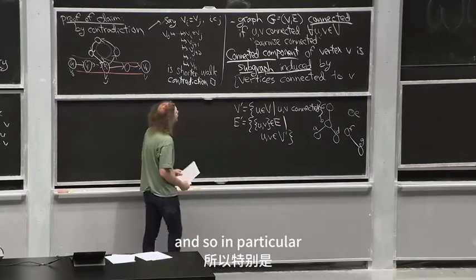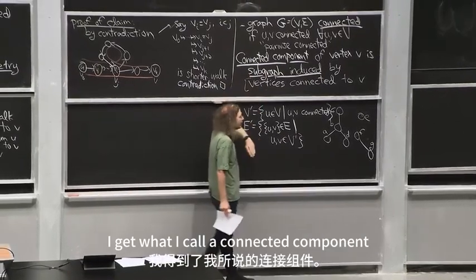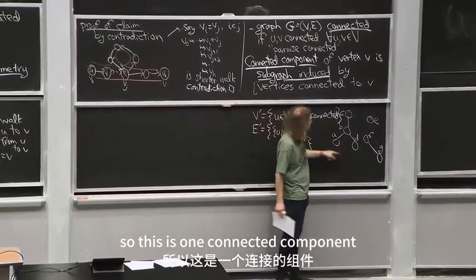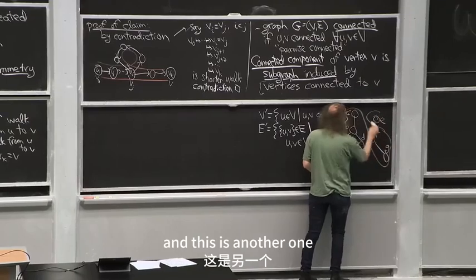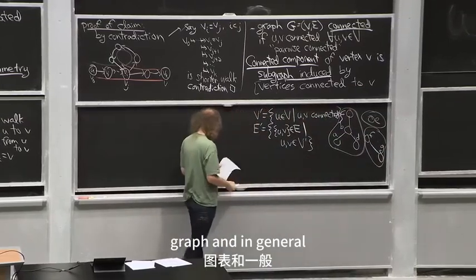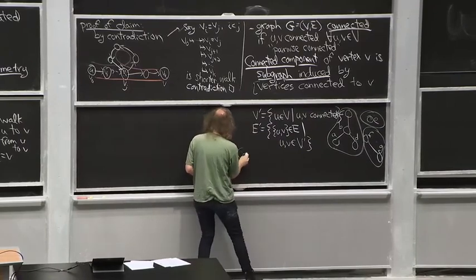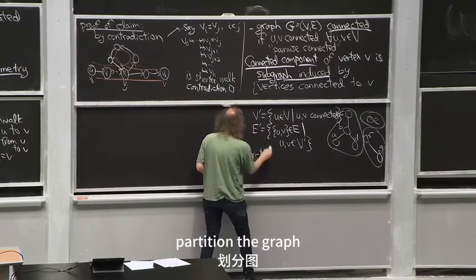And so in particular, if I take the induced subgraph for vertices connected to a particular vertex, I get what I call a connected component. So this is one connected component here. This is another one. And this is another one. And those are the 3 connected components of the graph. And in general, the connected components partition the graph.